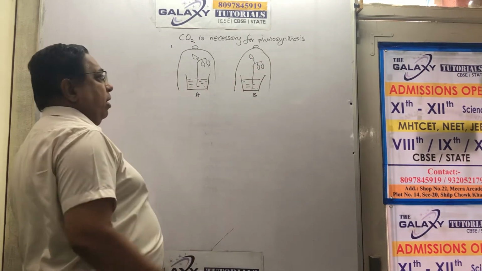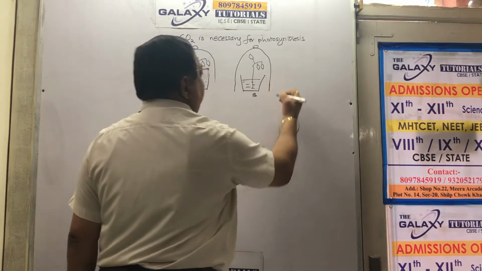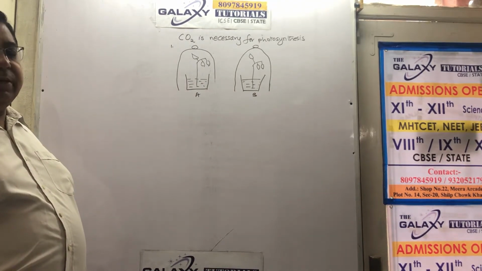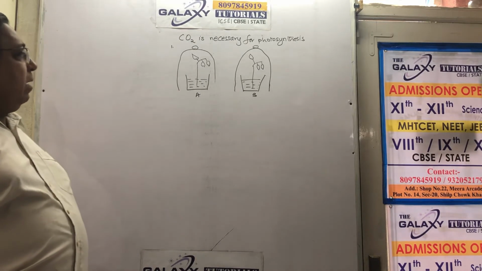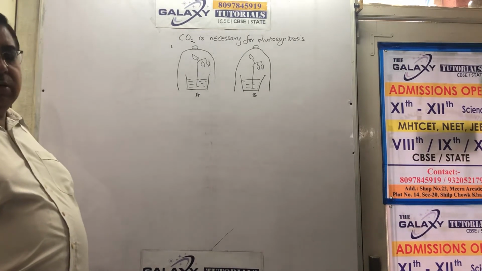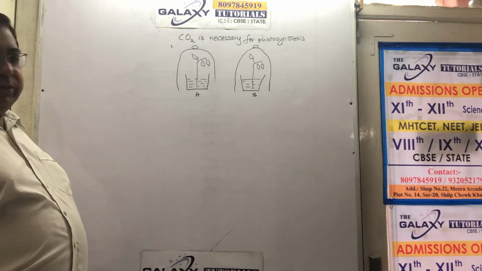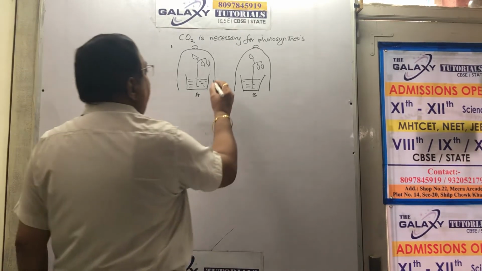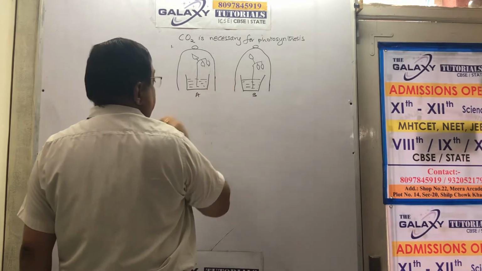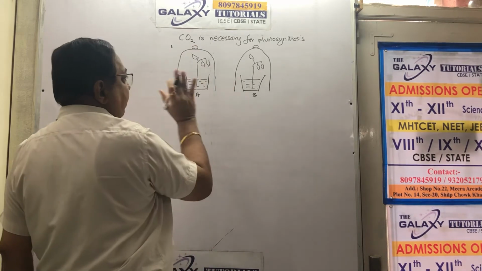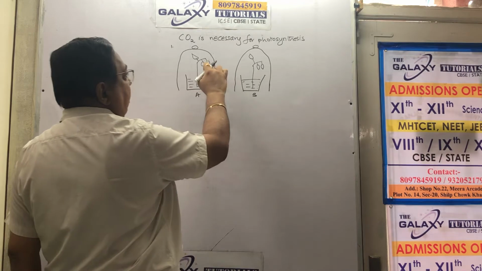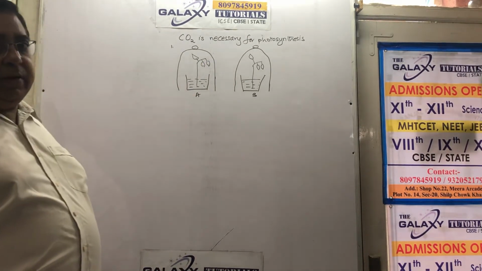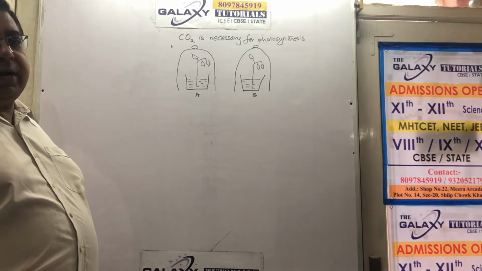We can do it in the same plant also by putting one of the leaves in a jar. The same experiment can be done on a single plant also, but this is easier to do, and the book says to take 2 potted plants. Now plant 1 is normal. I have just put the bell jar, so there is air inside, and air contains carbon dioxide, and it is a transparent glass bell jar, so sunlight is coming.